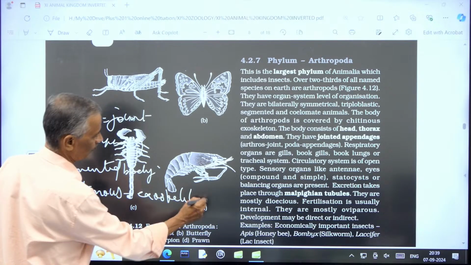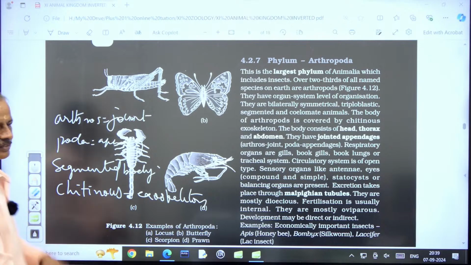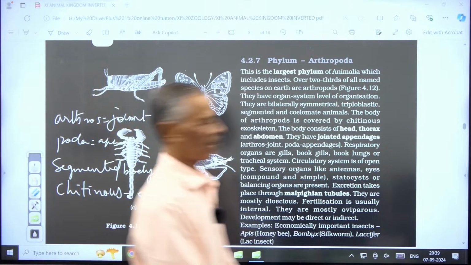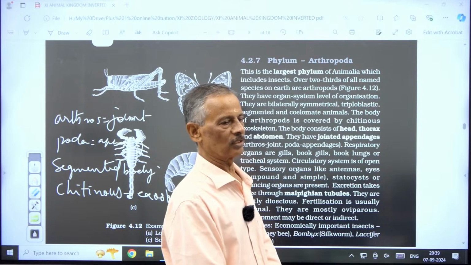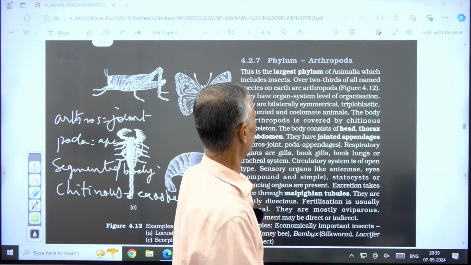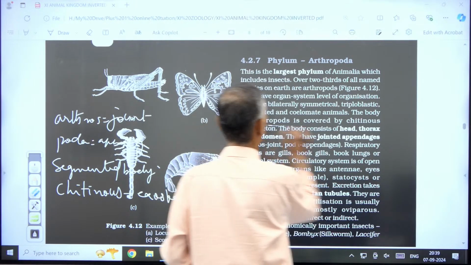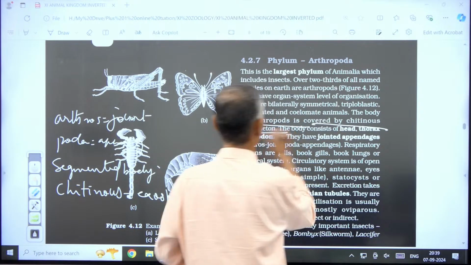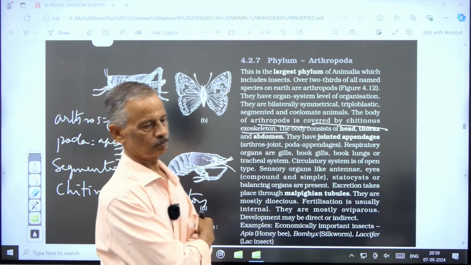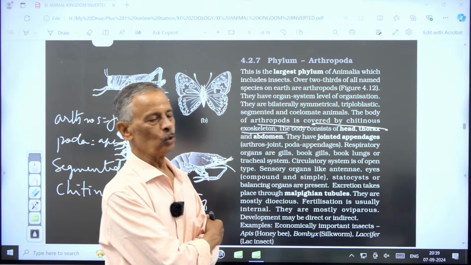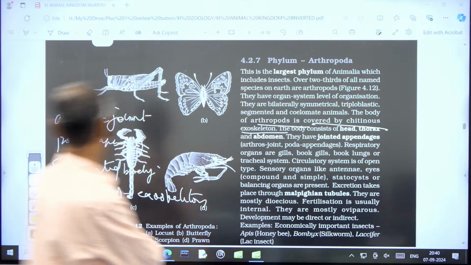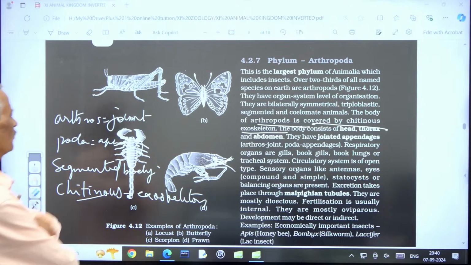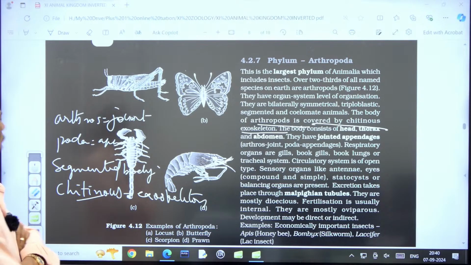See, in our body, skeleton is inside, but here skeleton is outside. What is skeleton? Protective device, protecting, giving shape, etc. So body is having a chitinous exoskeleton. So these are the 2 most important features of arthropoda. Jointed appendages, having chitinous exoskeleton. Body also segmented.